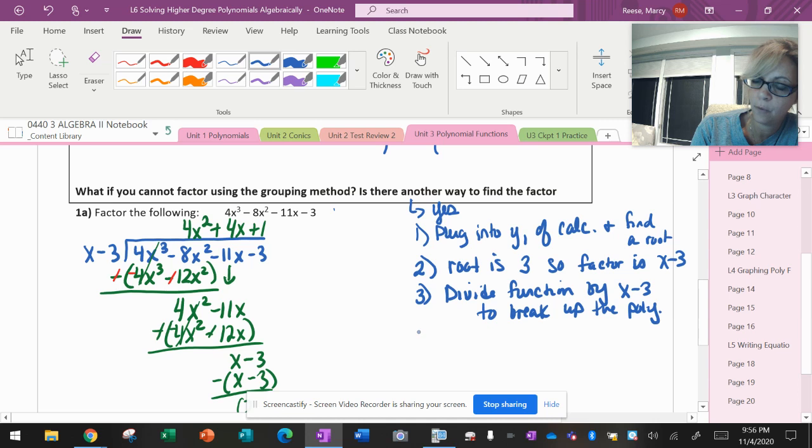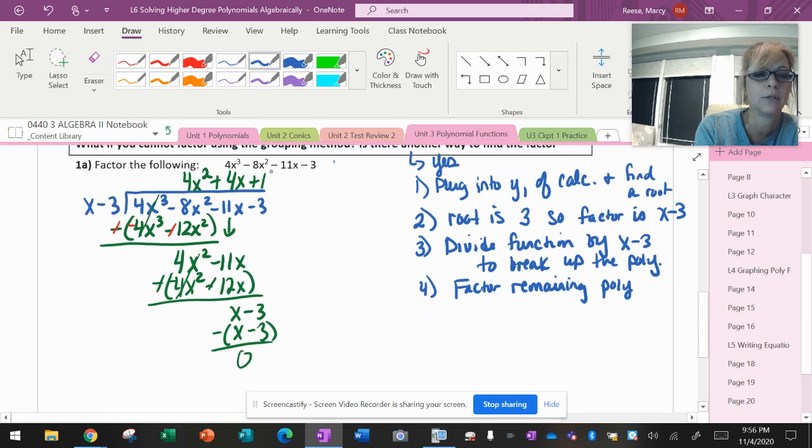And then 4, I want you to factor the remaining polynomial. Okay, so the remaining polynomial is this part right here.